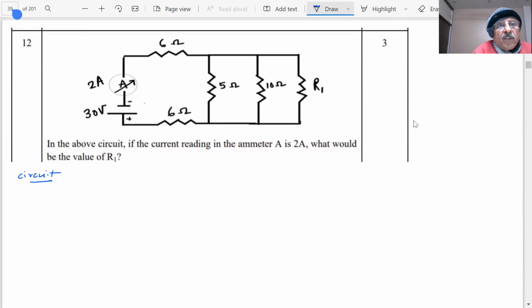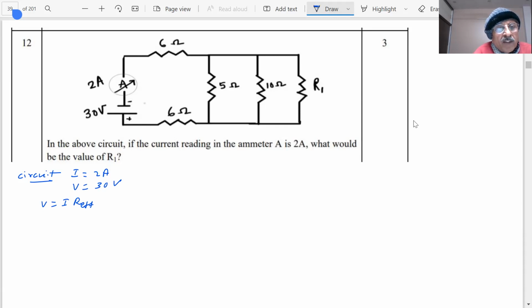This is the ammeter, current is given in the circuit, 2 ampere. Potential difference, that's a battery, how much? Voltage is 30 volts. And Ohm's law says V is equal to I into R. If I consider the effective resistance, what is the effective resistance of the total circuit?